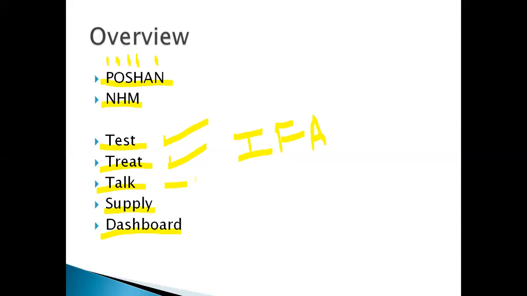Then when we say talk, we are talking about the health education or the counseling that needs to be done, and popularly this is known as behavior change communication. When we talk about the supply, we mean the supply chain of materials which would be useful for the steps mentioned above, that is supply chain and logistics for testing, for prophylaxis, for treatment, and also what would be required for the BCC process.